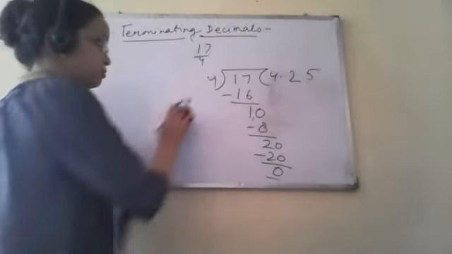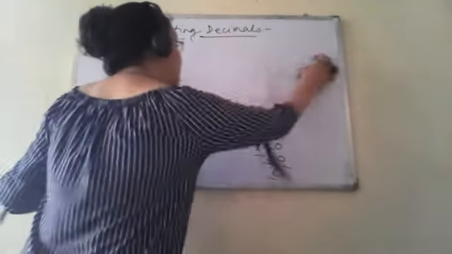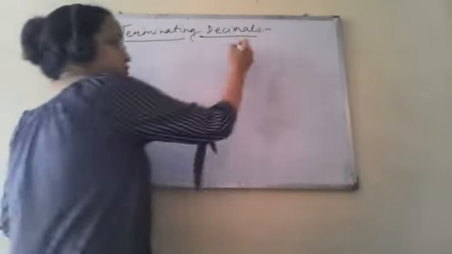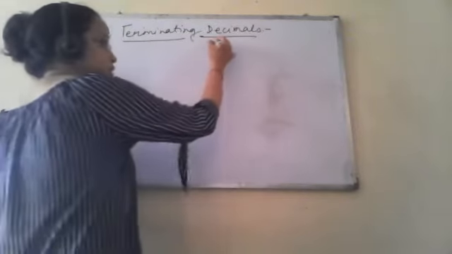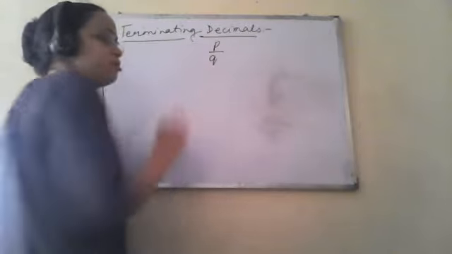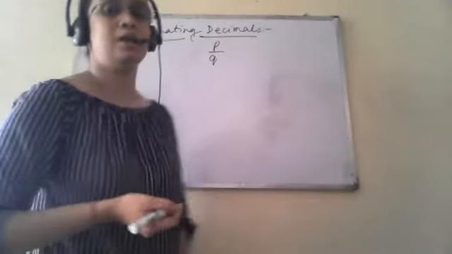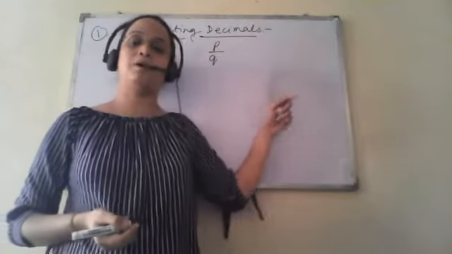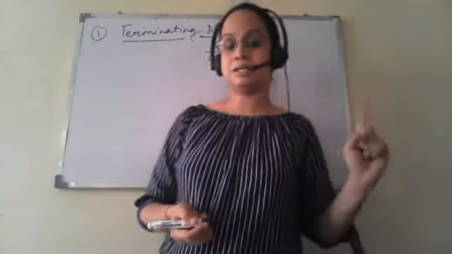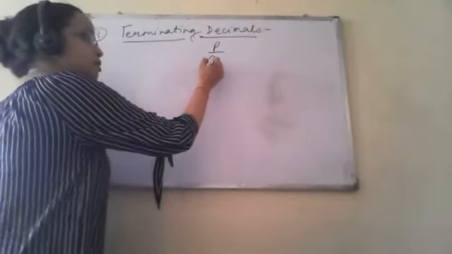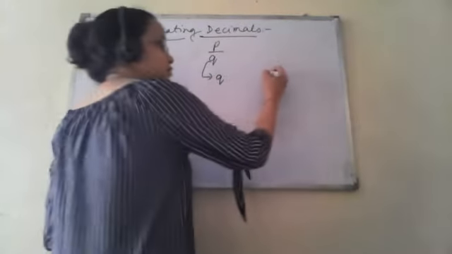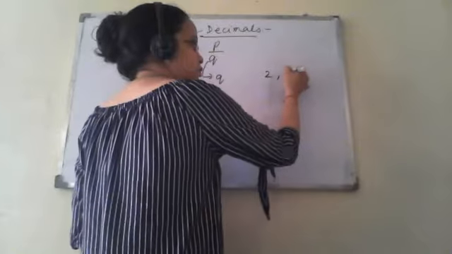Now there is one more condition for terminating decimals. The condition is, rational numbers are in the form of p upon q. So the only condition for this rational number to be a terminating decimal is that the prime factors of q should be only in terms of 2 and 5.